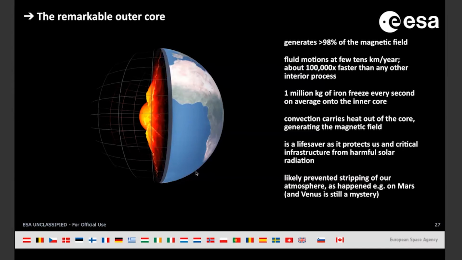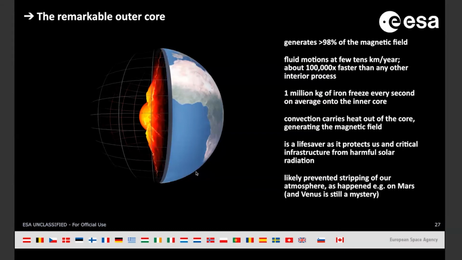We're talking about several tens of kilometers per year. And in this outer core, what is physically happening is that about 1 million, I repeat, 1 million kilograms of iron freeze every second onto the inner core. In this process, there is convection that carries a lot of heat out of the core, and this gives the energy to the geodynamo and keeps this process running.